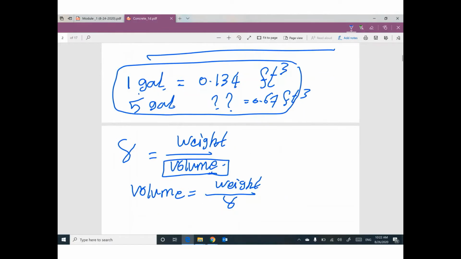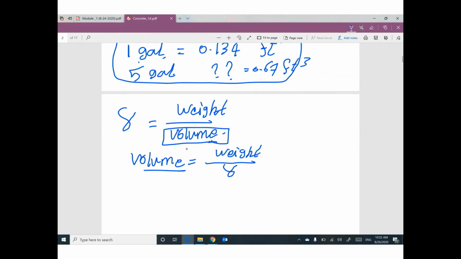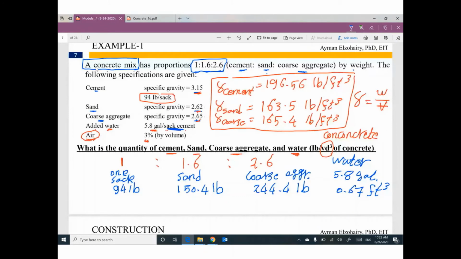If you are looking for volume for anything, this volume will equal weight divided by gamma. You got it? So I have weight for cement, sand, and coarse aggregate, and I know the gamma for each of them, so I can figure out the volume for each component.